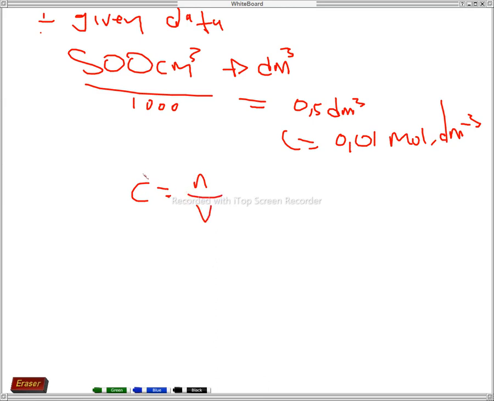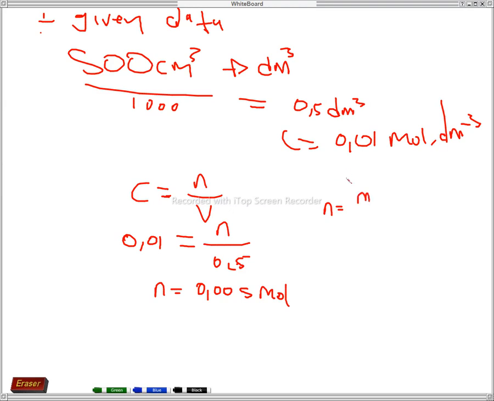We substitute the concentration, 0.01, and also our volume, 0.5. If you punch this on your calculator, you will get the number of moles as 0.005 moles.